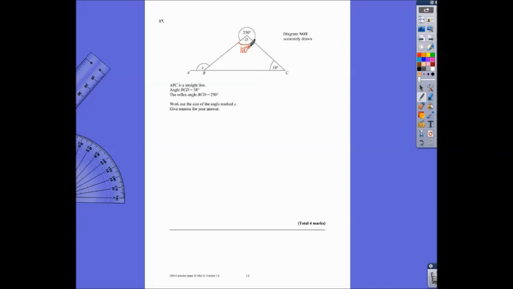Now, to write that down, we're going to say angle BDC, so that angle there that we just worked out, equals 110 degrees because angles around a point add up to 360 degrees.